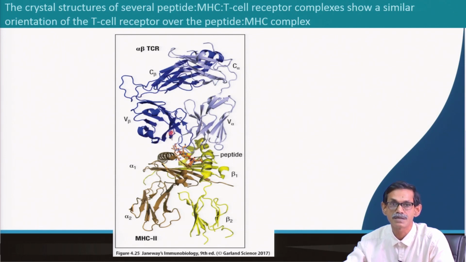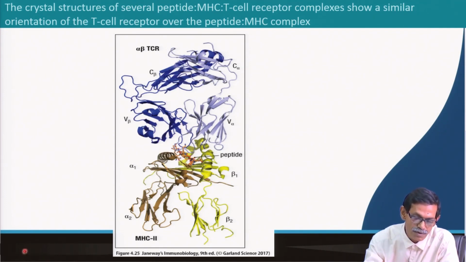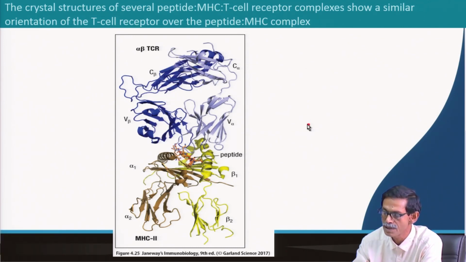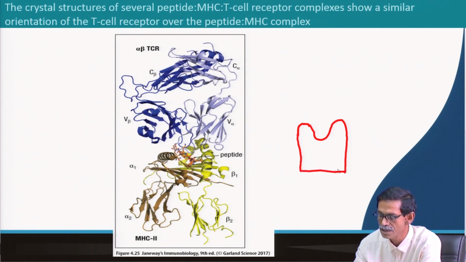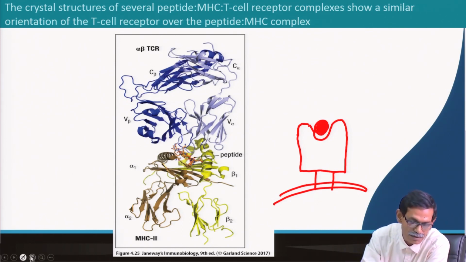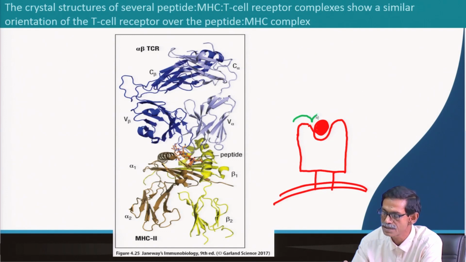Definitely the internal part, I told you with a figure, if you correlate with the antigen, let me draw. If this is MHC, the way we used to see, this is a membrane, and this is the peptide. Now, if I use green for the TCR, this is TCR.